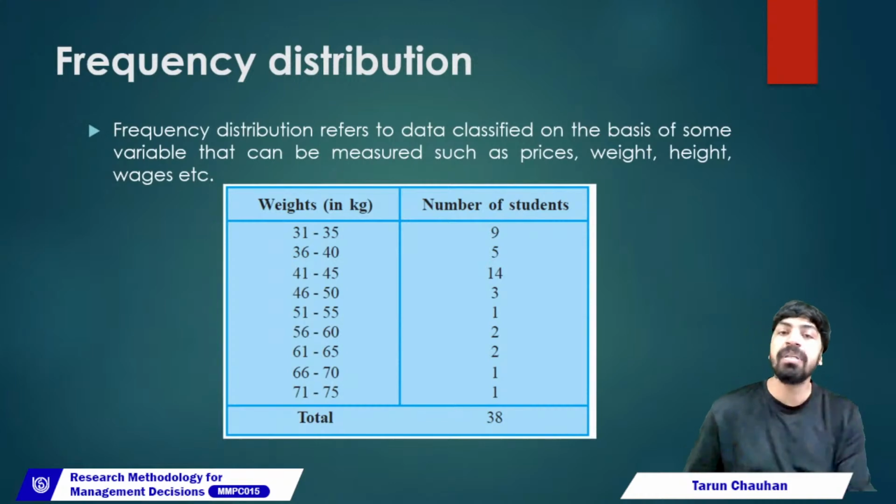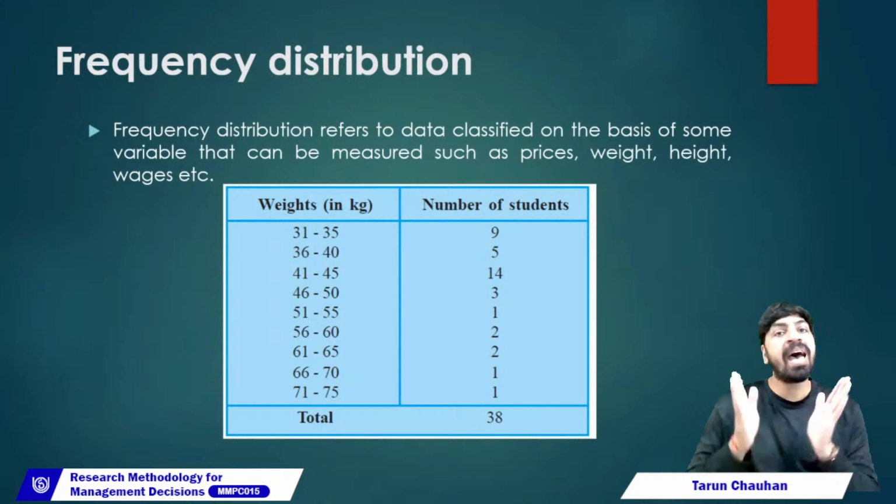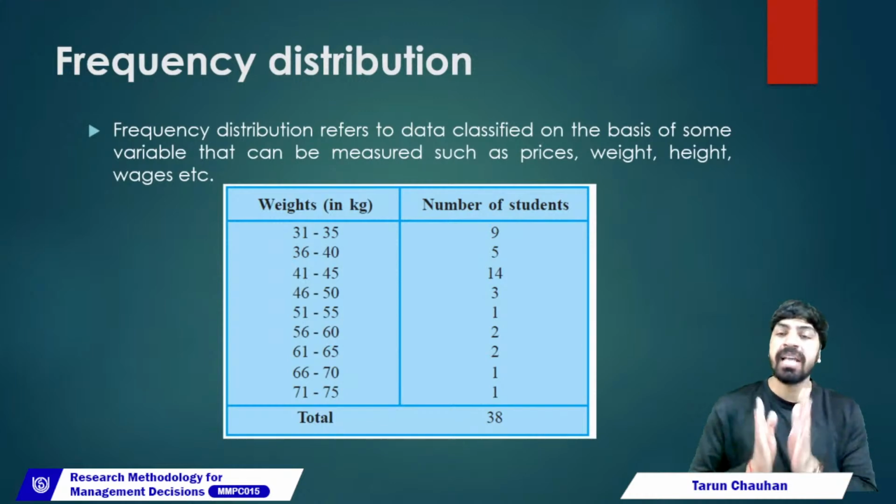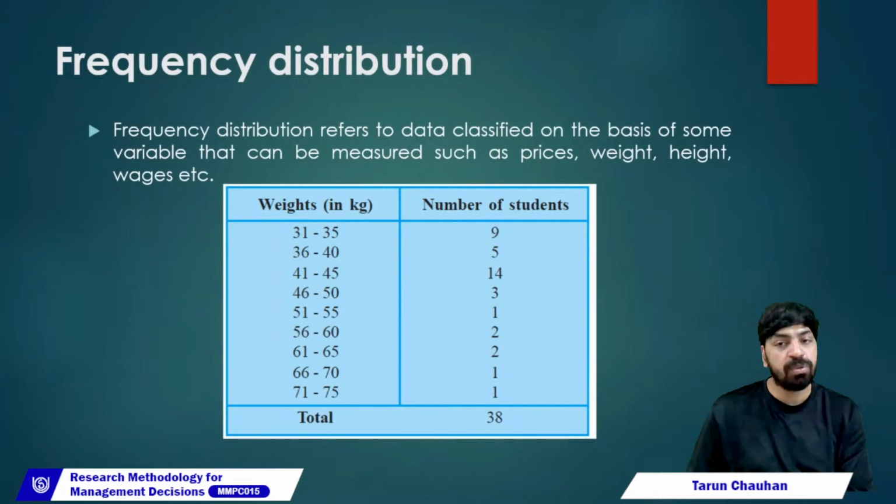In the following table, it shows the weights in a continuous series, where the ranges are shown from 31 to 35, 36 to 40, and so on. That's called a continuous frequency distribution with respective frequencies.